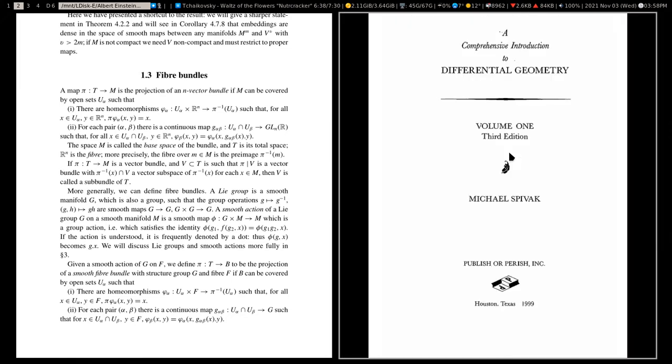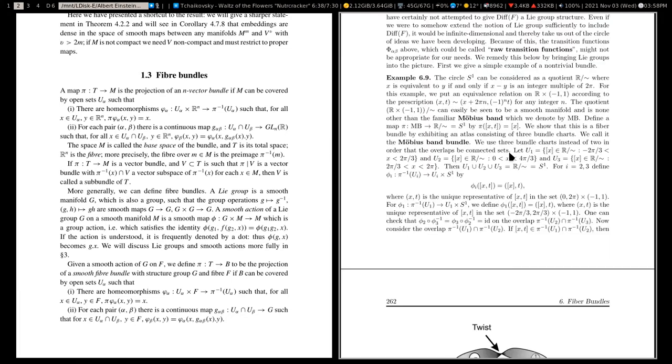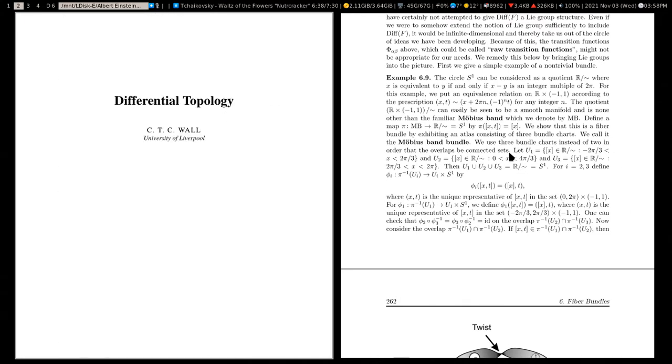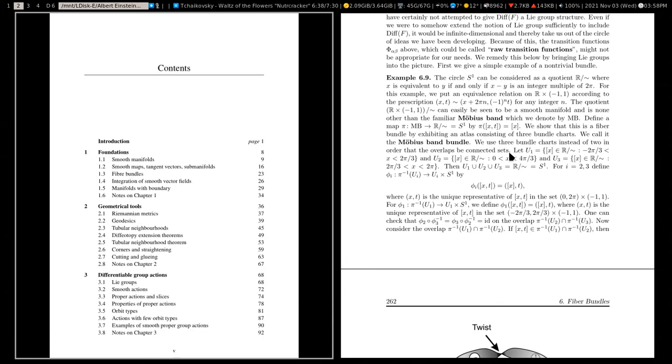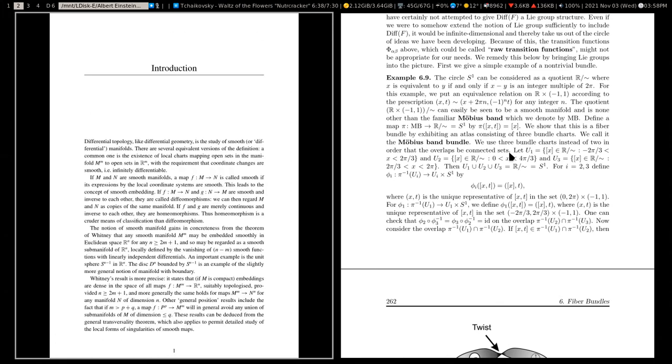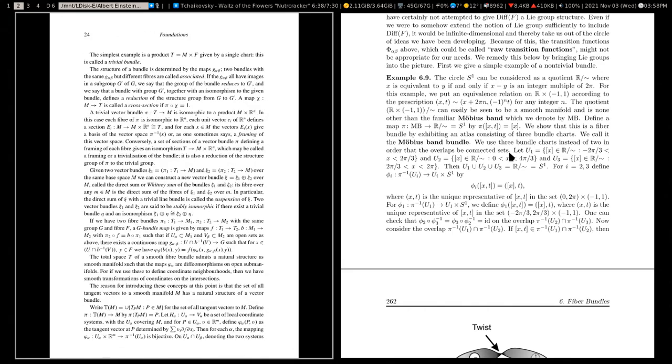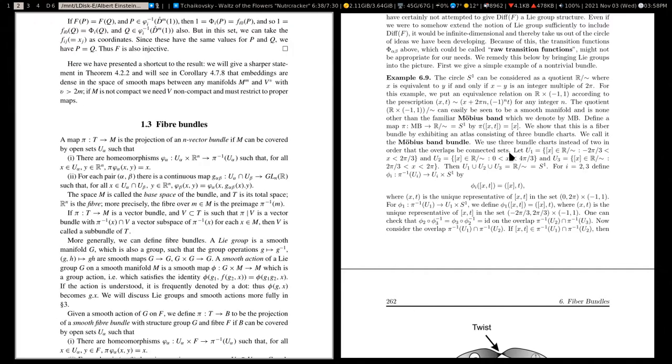And lastly, this is Wall's Differential Topology. This is one of the books that we'll be going through in the course repeatedly, and he has the first few sections in the first chapter dedicated to bundles. So you're recommended to go through these references if you need more depth.